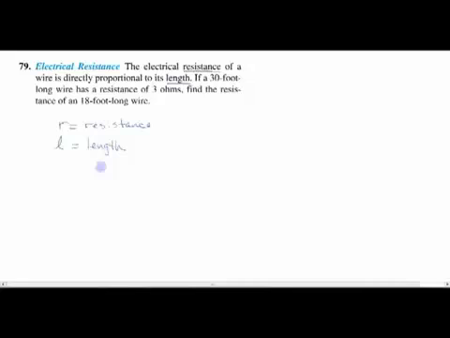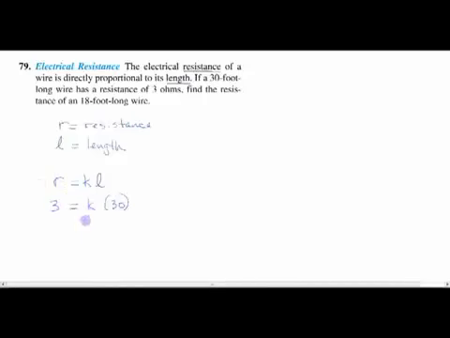So we have the electrical resistance of a wire is directly proportional to its length. That's our model. And here we have a 30-foot long wire that has a resistance of 3 ohms. So we need to use that information to find our constant of proportionality K. So the 30-foot long wire, that's our L, has a resistance of 3 ohms.